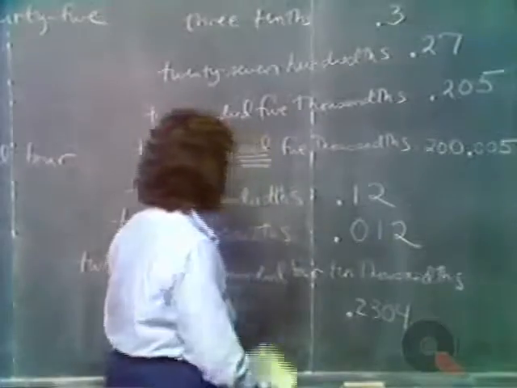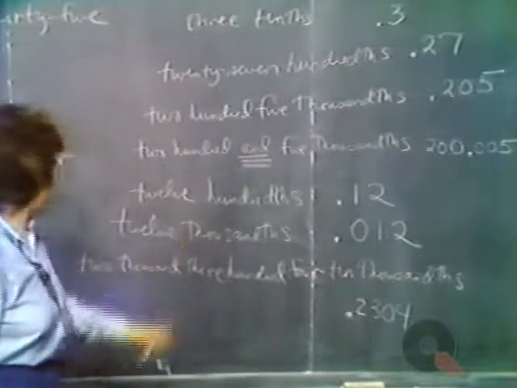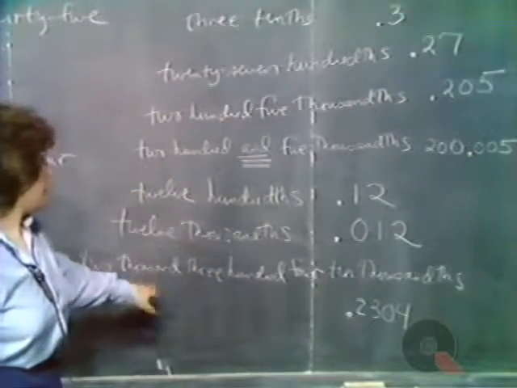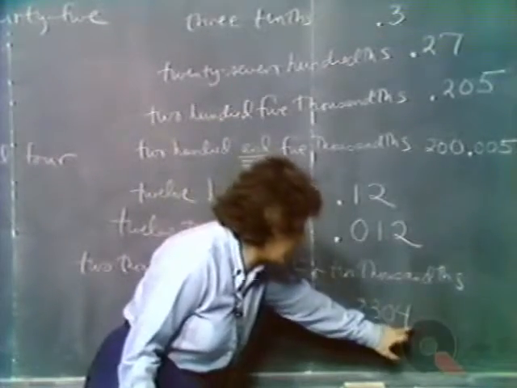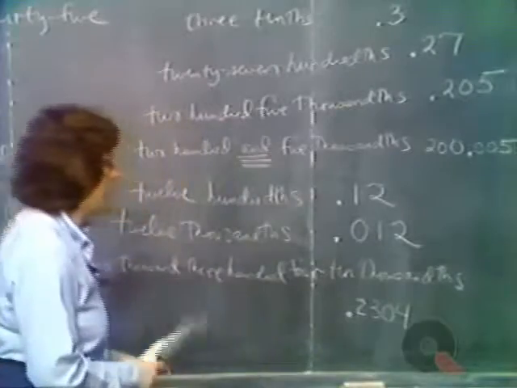So in this case, we didn't have to have a placeholder. It worked out exactly right. 2,304, 4 digits, and this is the ten-thousandths column. So it worked out okay.